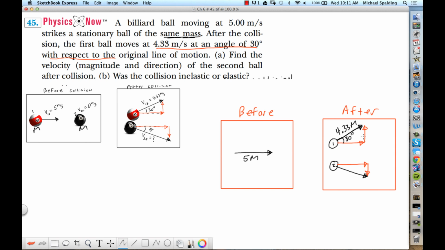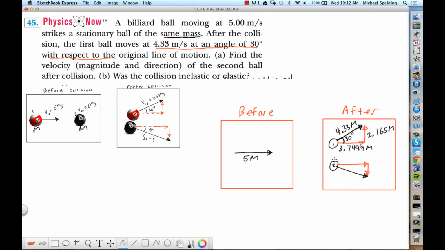Yeah, it's a trig problem, right? We have an angle, 30 degrees, and we have the hypotenuse. So when you do the trig, you find out that the X momentum of ball 1 is 3.749m. The Y component is 2.165m. Does everybody understand how I did that? Just trig, right? Just find the sides of the triangle.